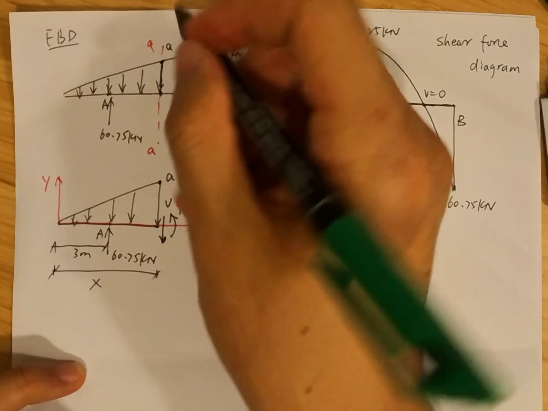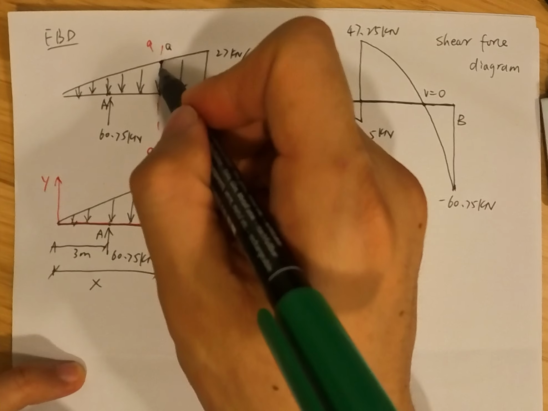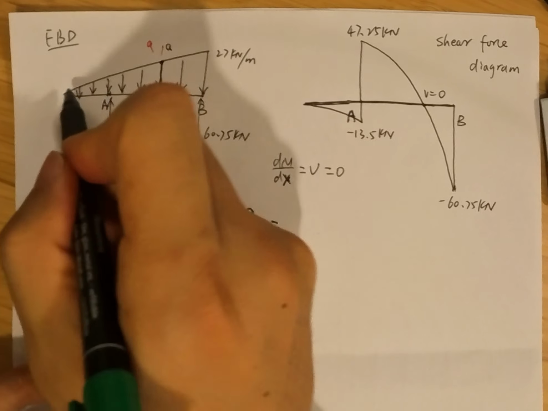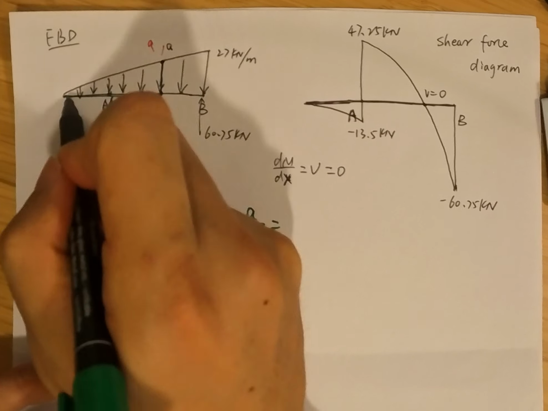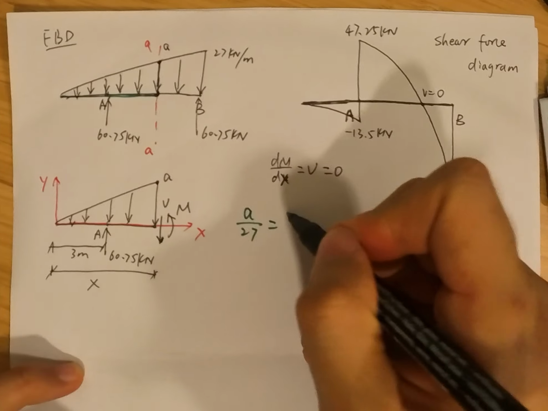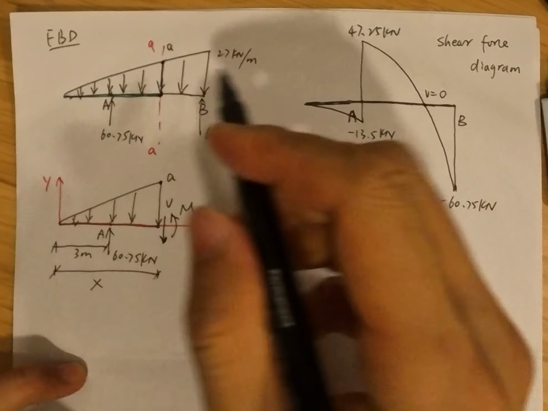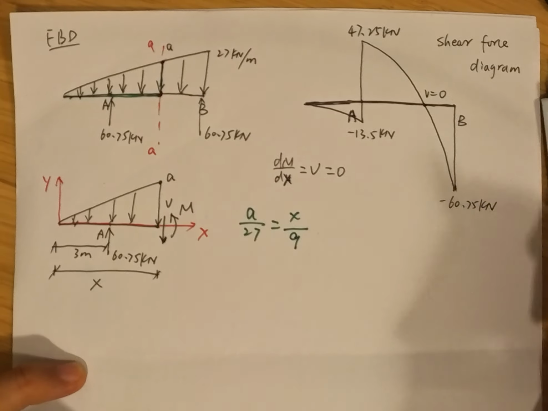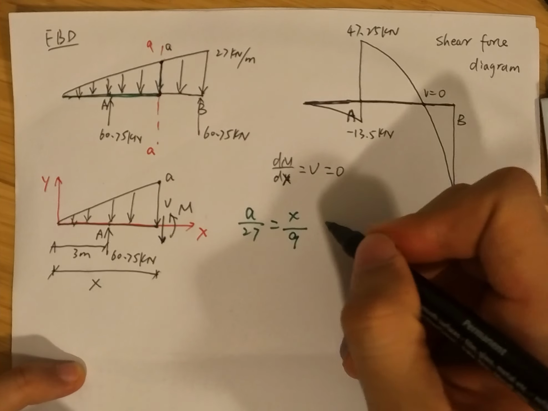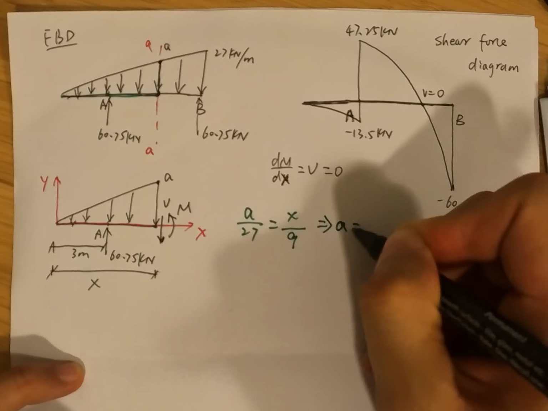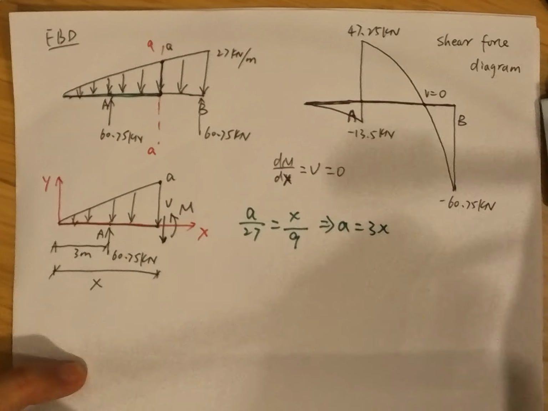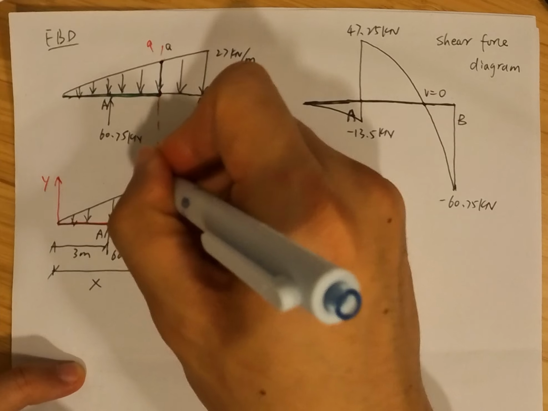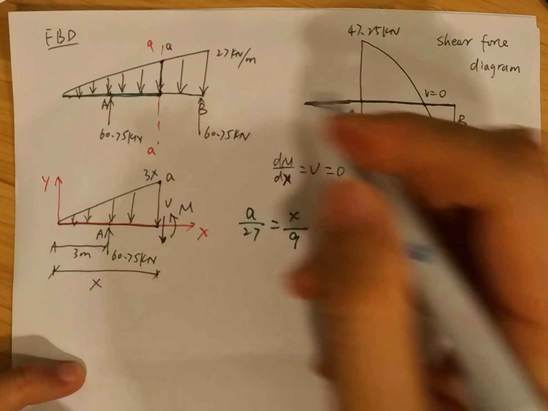Based on this geometry, A over 27 is equal to the distance x over the whole distance from the free end to B, which is 9 meters. Then we derive A equal to 3x. So we know the intensity here is 3x.